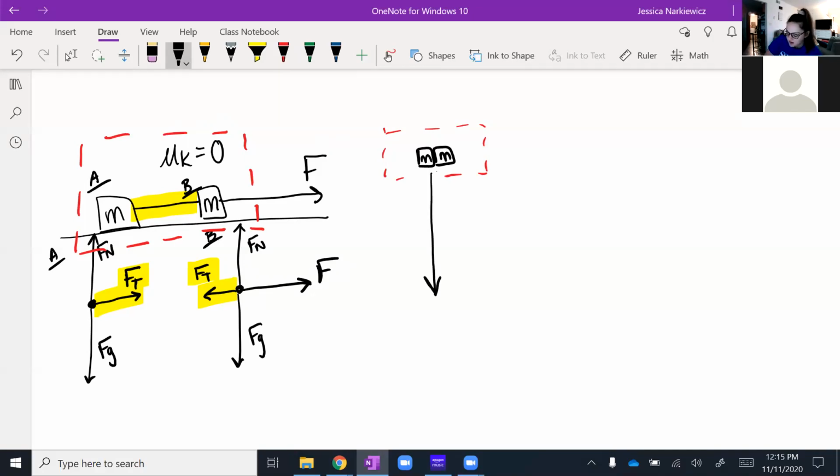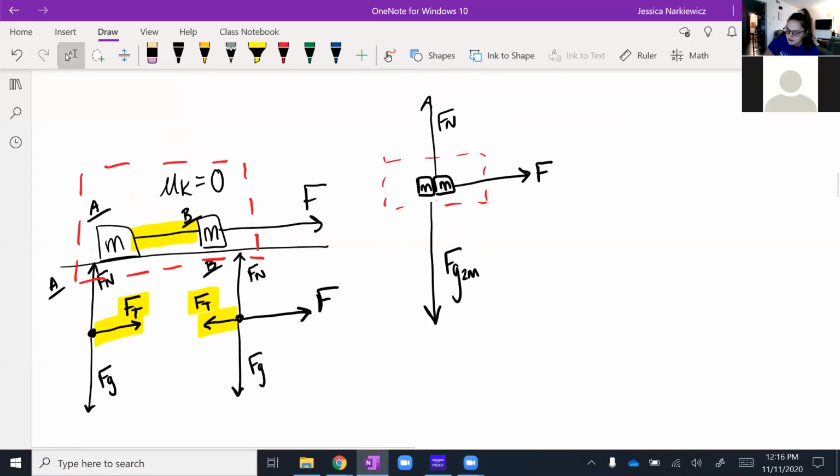All that needs to be included on this free body diagram is a big FG for both masses, a big normal force for both masses, and that applied force. Okay. Because I've redefined my system, again, my tension forces are now considered internal to the system, so they don't show up on my free body diagram.